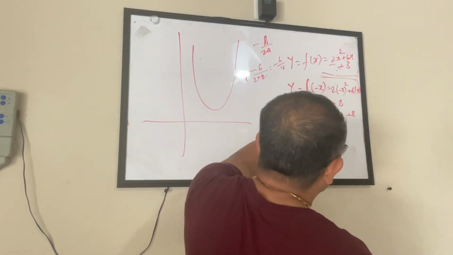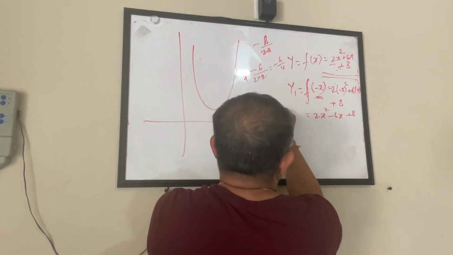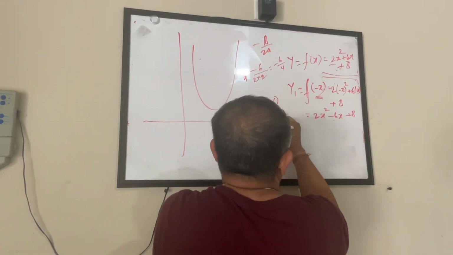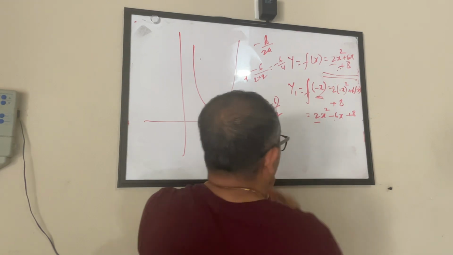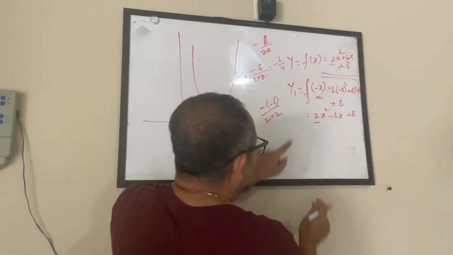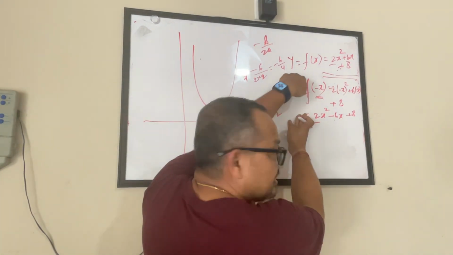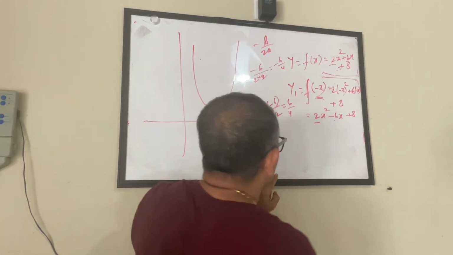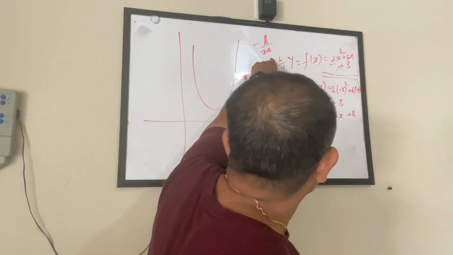Now, in this case, what is my x coordinate? Minus b by 2a, so b is minus 6 here, okay, so this is the x coordinate for the second function, and this is 6 by 4. Here it's minus 6 by 4.